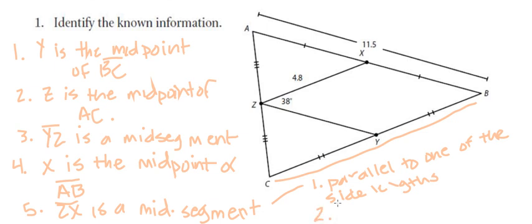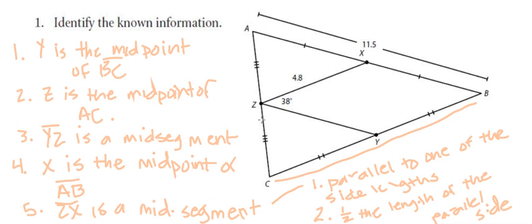So one of the important things is that a mid-segment is always parallel to one of the side lengths. Now, here's the other important thing. Not only is it parallel to it, but the mid-segment is half the length of the parallel side length. So since ZX is a mid-segment because it goes from midpoint to midpoint, I also know that it has to be parallel to one of the side lengths.